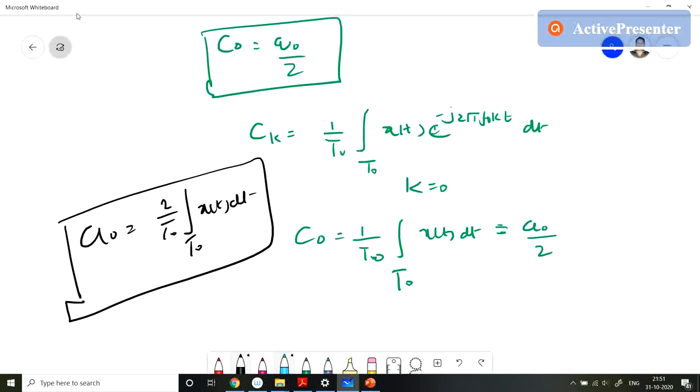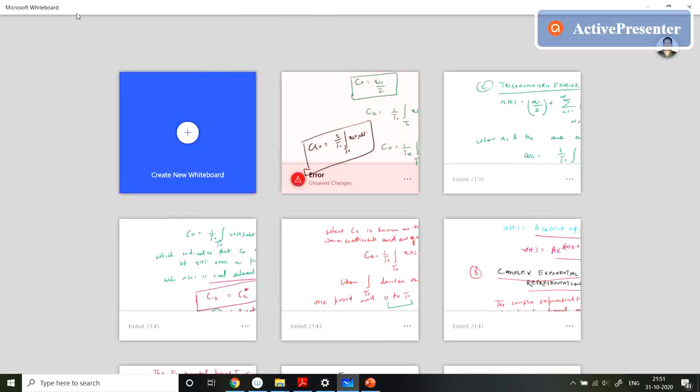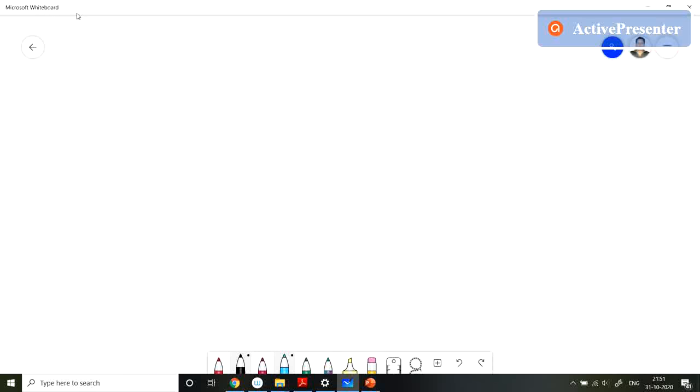So c0 = a0 divided by 2. Similarly, we can find out the relation between ak and ck.